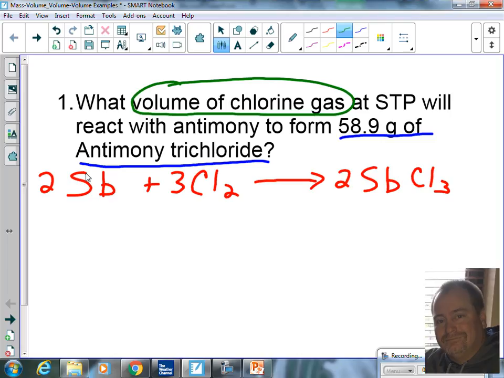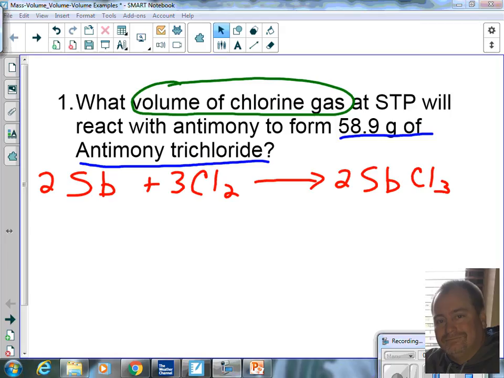Now, what do I need to convert my first step? I need the molar mass of antimony trichloride. Go ahead and calculate that.